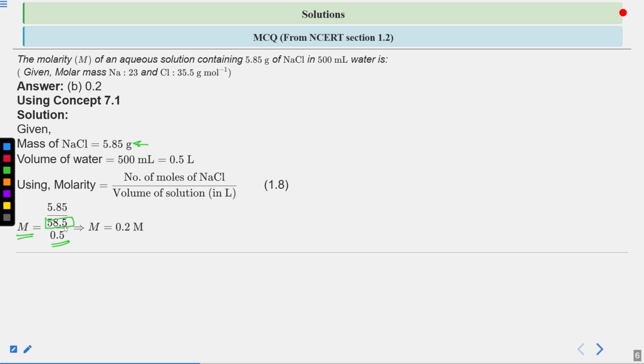When you solve this fraction, or you can also simplify 5.85 upon 58.5 by just shifting the decimal, the molarity finally comes out equal to 0.2 molar. So this is the final value of molarity, and hence our correct answer is option B, which is 0.2.